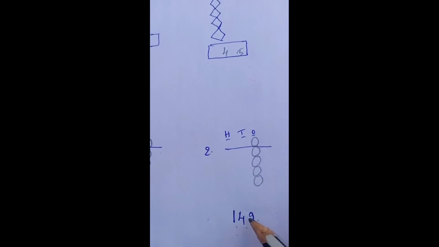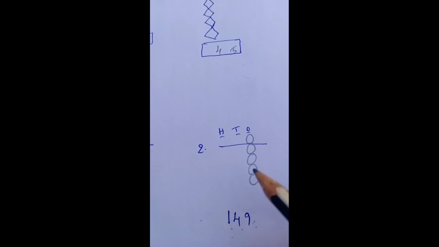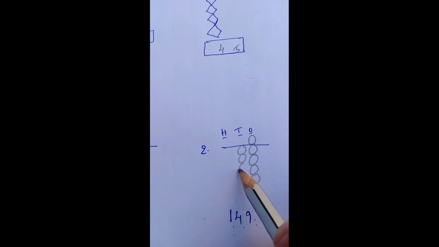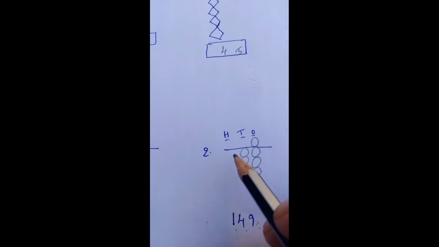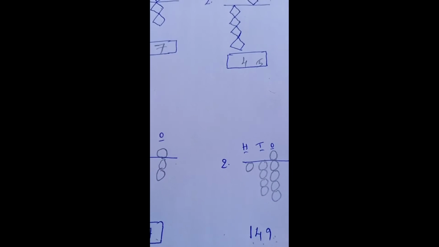And how many tens are there? 4. So here we draw 4 beads at the tens place. 2, 3, 4. And what is the given value at the hundreds place? Only 1. So here at the hundreds place we draw one bead.